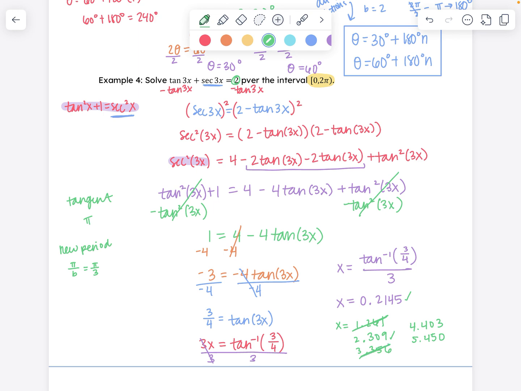That one doesn't, and the 4.403 works, and that one doesn't. So my answers here are 0.2145, the 2.309, and the 4.403. And there are my answers.